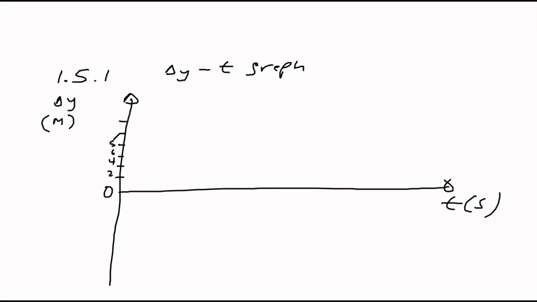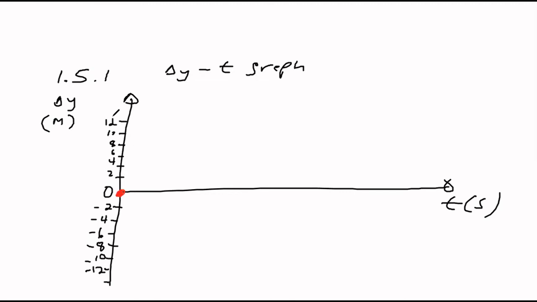Negative 2, negative 4, negative 6, and so on. So we take the starting point as the point of reference. Which means here, displacement at the starting point is 0.